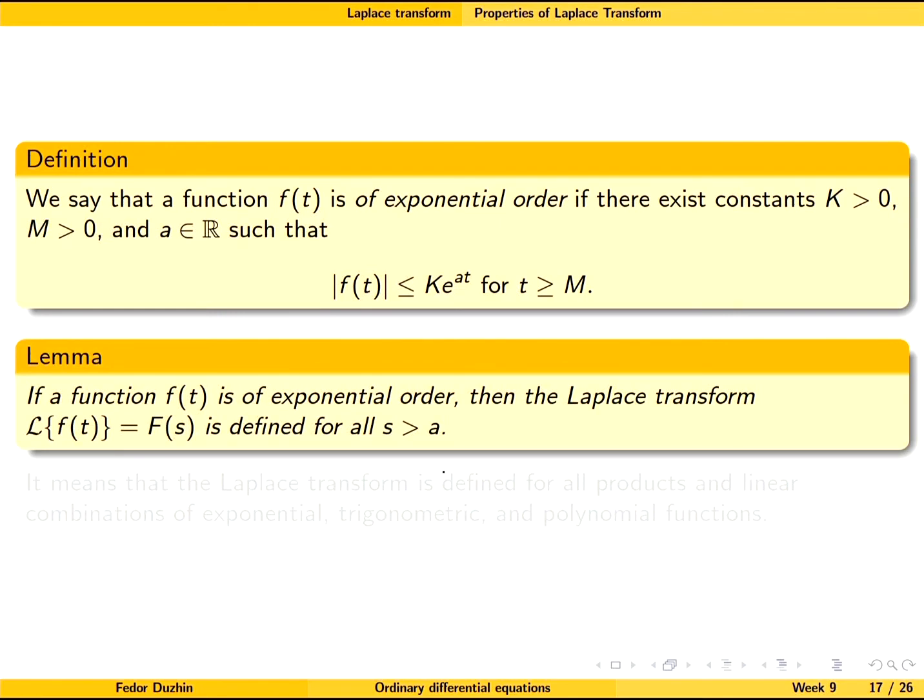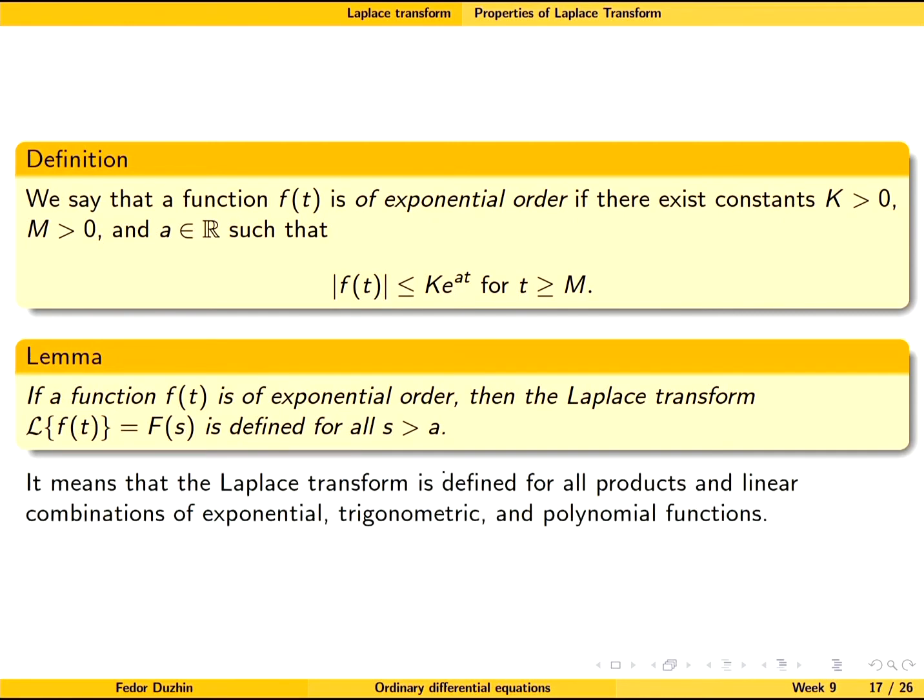If a function is of exponential order, then the Laplace transform is defined for all s bigger than a. Clearly, all polynomials are of exponential order, with a being any positive number. Any polynomial or rational function grows slower than any exponential with a positive exponent.